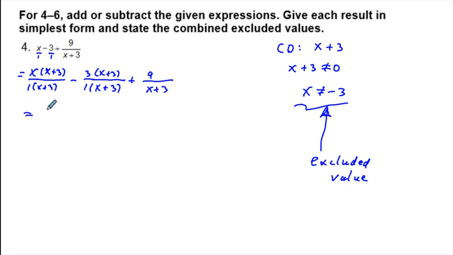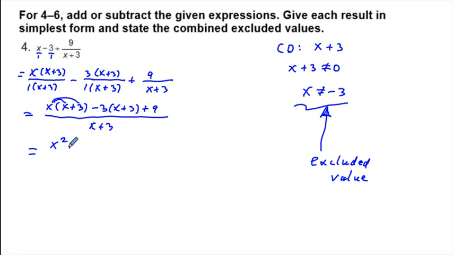So what we have left here is x times quantity x plus 3 minus 3 times quantity x plus 3 plus 9 over x plus 3. So I'm going to write all these over x plus 3. And so now we can distribute: x times x is x squared plus 3x, and then we have minus 3x minus 9, and finally we have plus 9, and all that is over x plus 3.